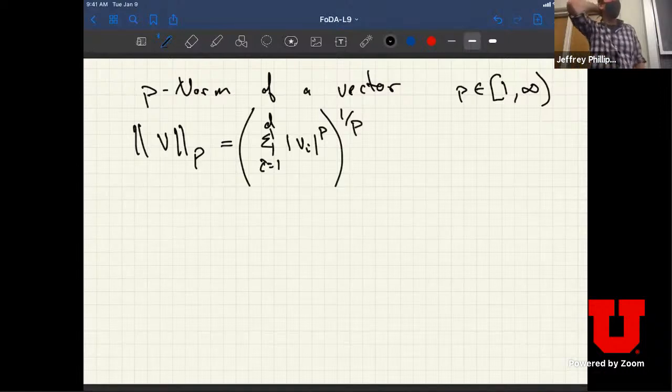Okay, so if I replace p with 2 here, then I get back what we had before. The 1 over p, the pth root, is the square root. So this 1 over p is a 1/2, that's the square root. To the pth power, that's the squared power. I have these absolute values in here. I didn't need to write those when p was 2, because when I square something, it's always going to be positive.